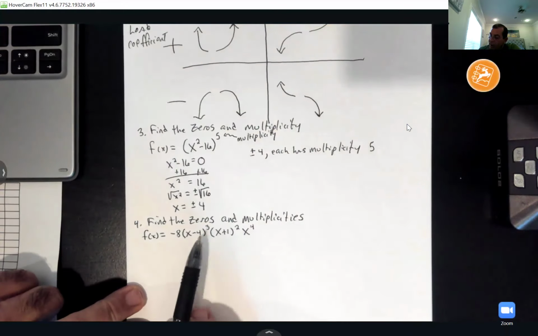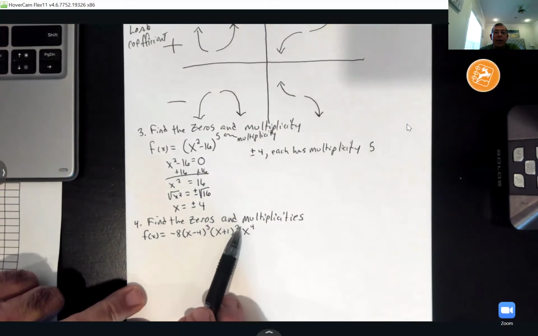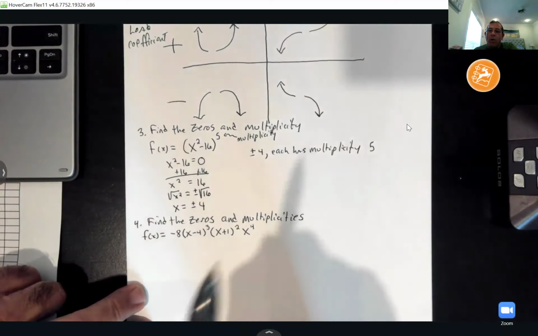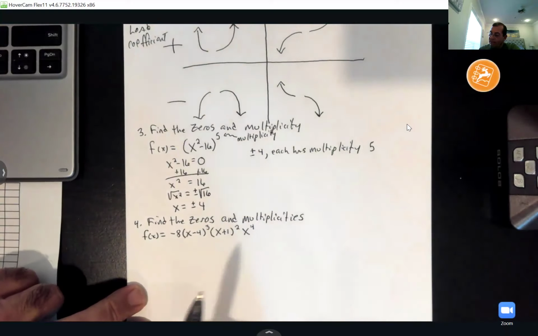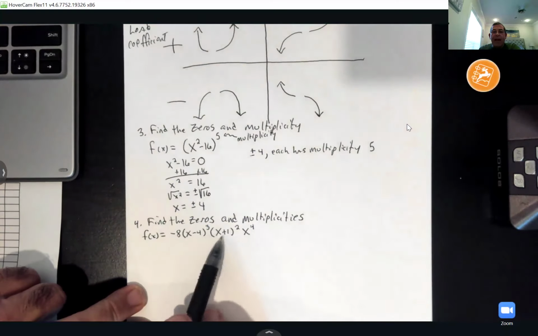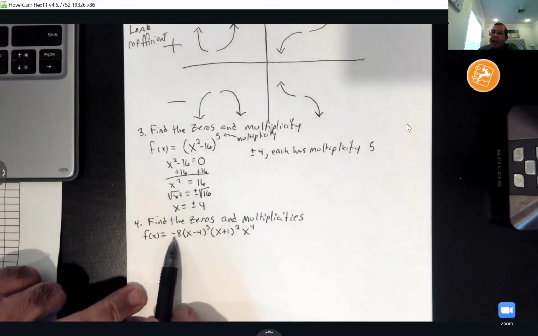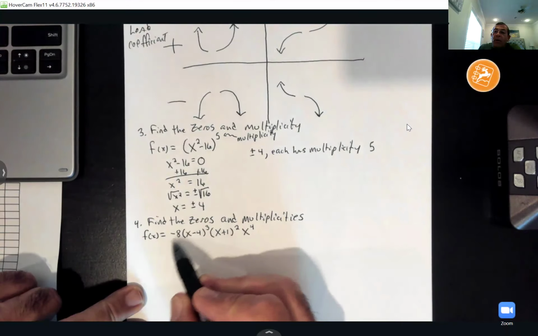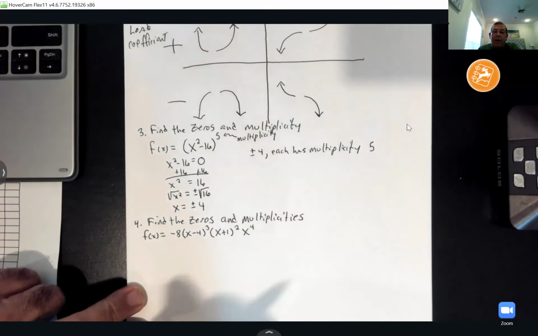So remember that exponent 3, exponent 2, exponent 4 are all the multiplicities. We'll set each factor equal to 0, but the -8, since it don't have a variable with it, you're going to ignore that -8. You can even cross it out because it does not have a variable.